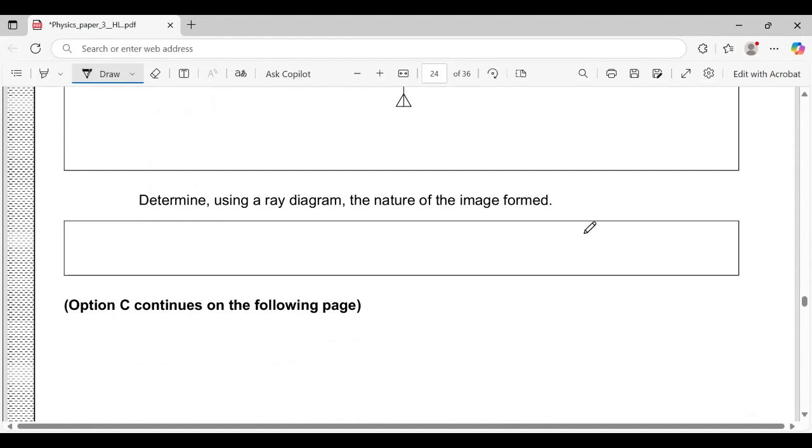The nature of the image formed is virtual, upright and diminished.